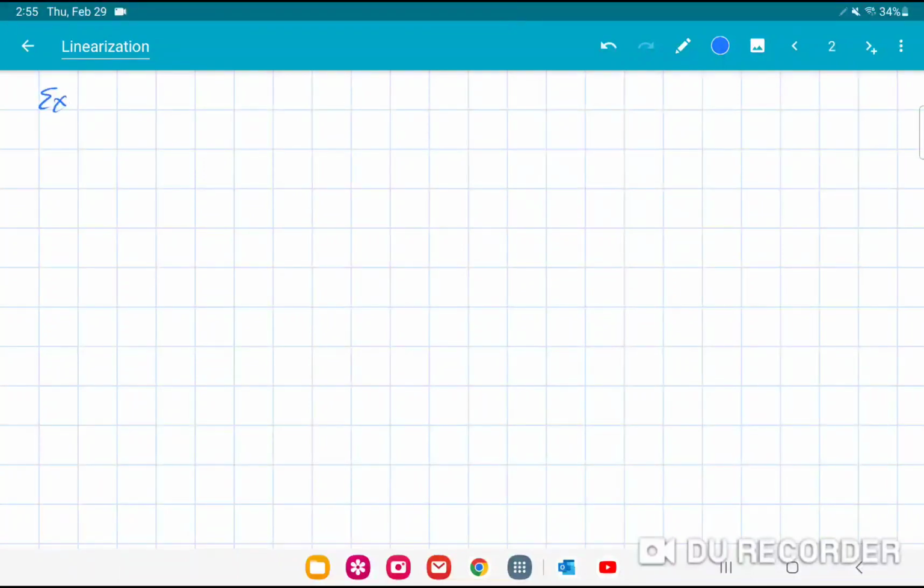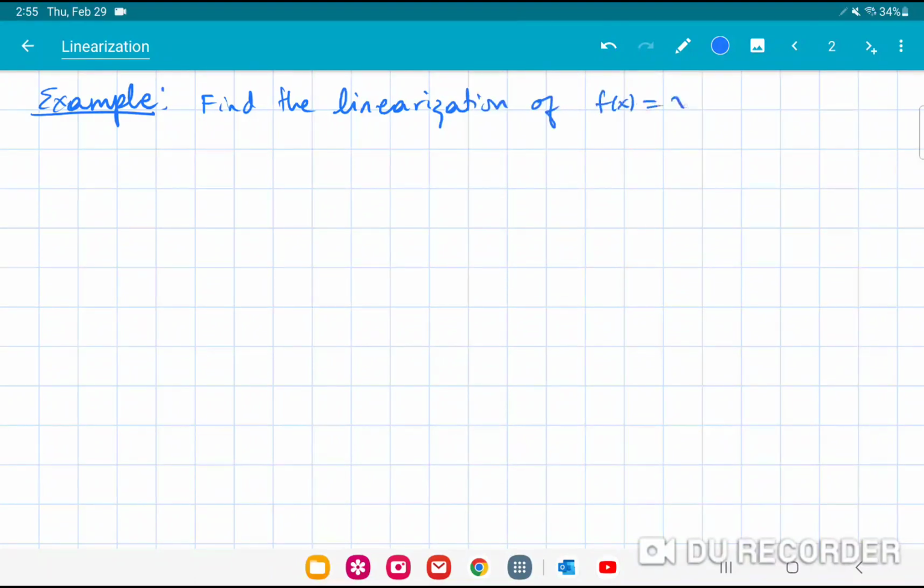So an example: find the linearization of the function f of x equals x squared at A equals 1.